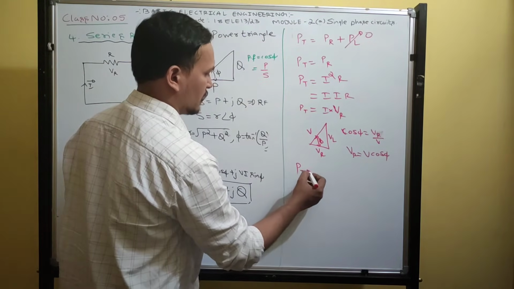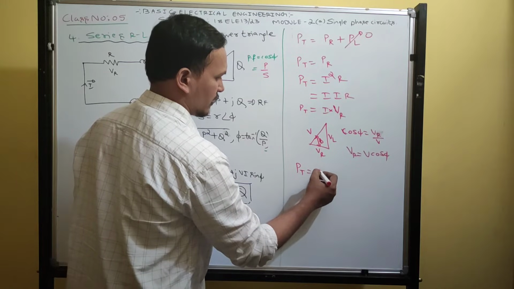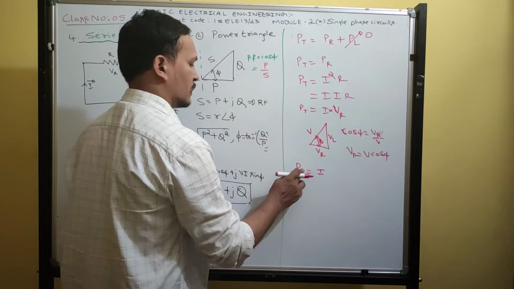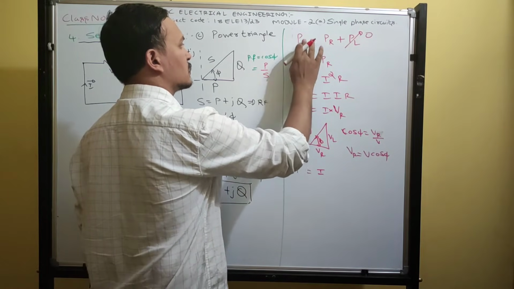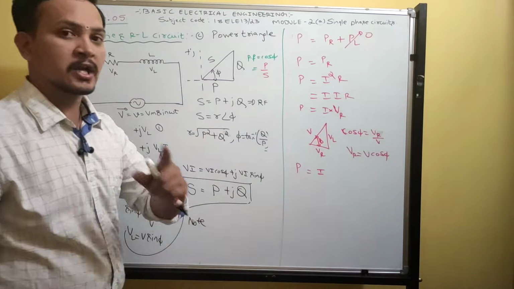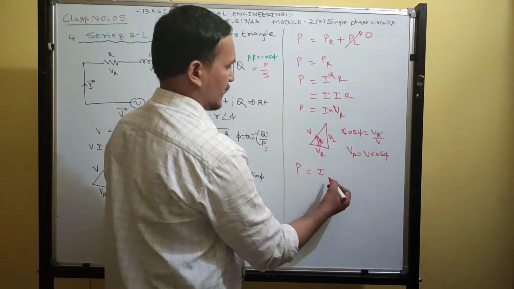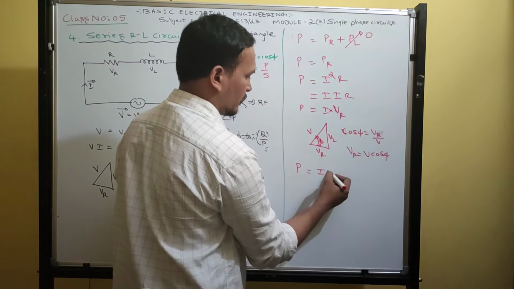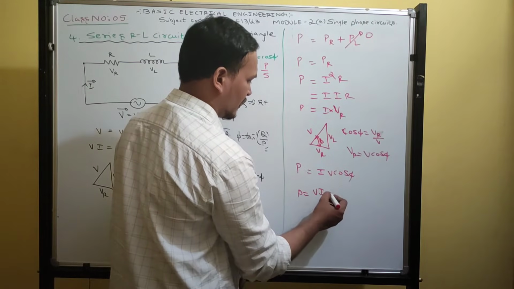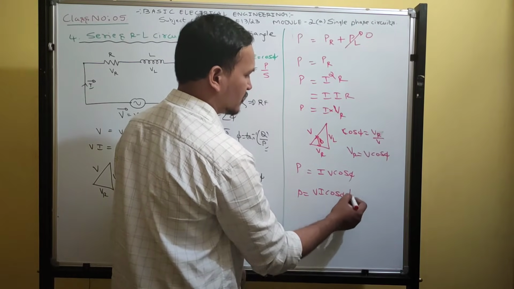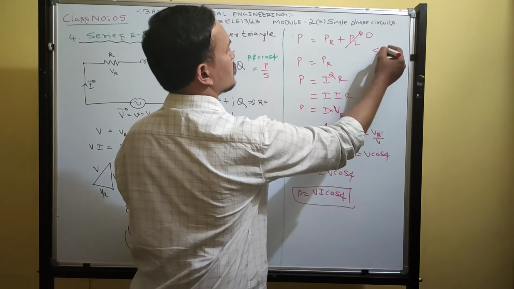So therefore the power consumed in the circuit, sorry, not total, you just write power consumed in the circuit, but total power is apparent power. So what can I write for VR? V cos phi. Now write in the correct order. What will you get? VI cos phi. So this is the shortcut.